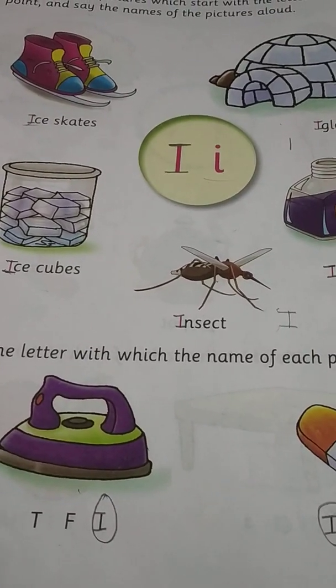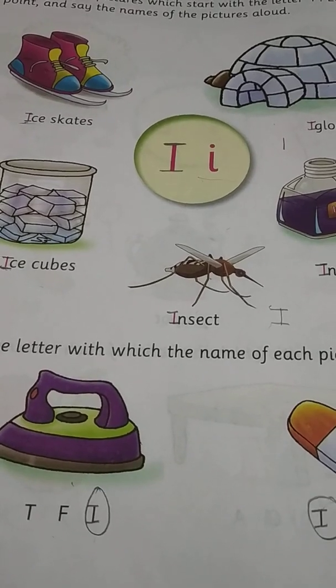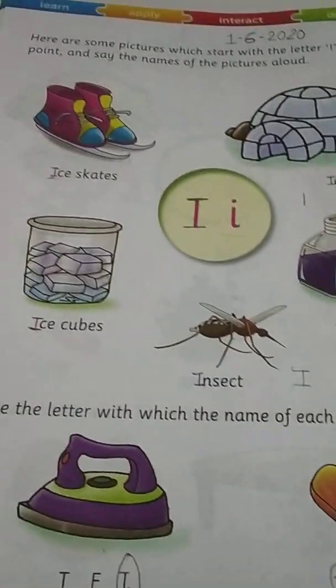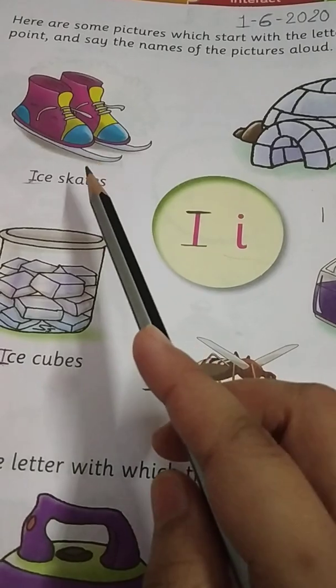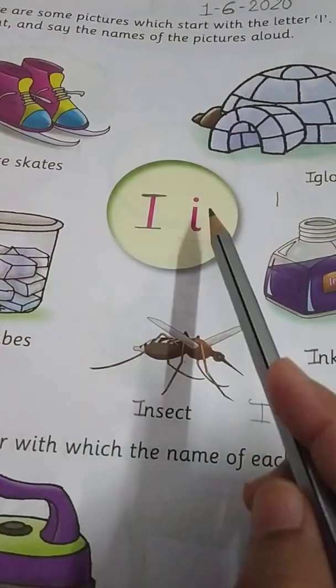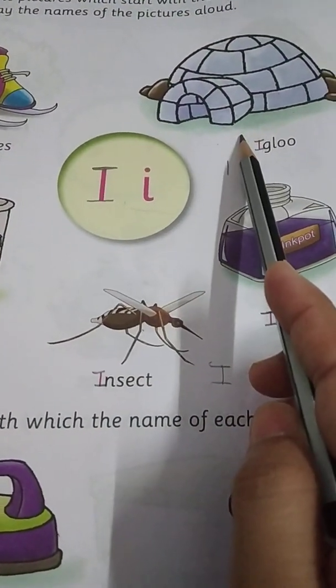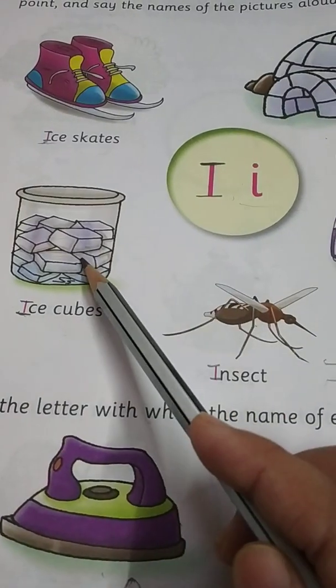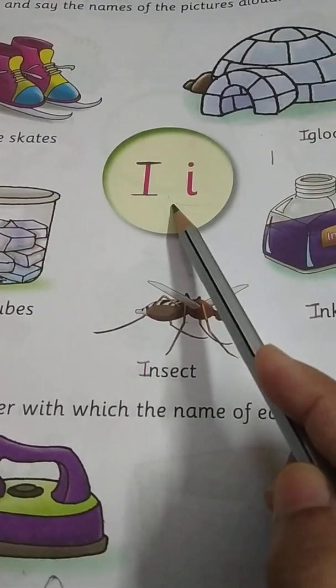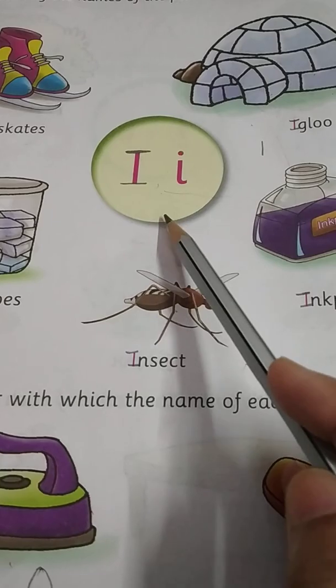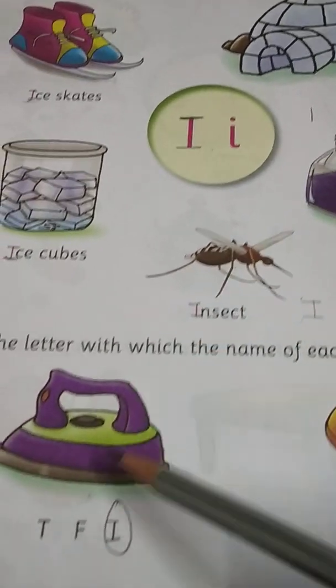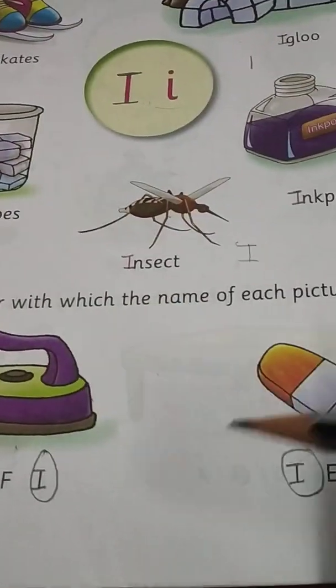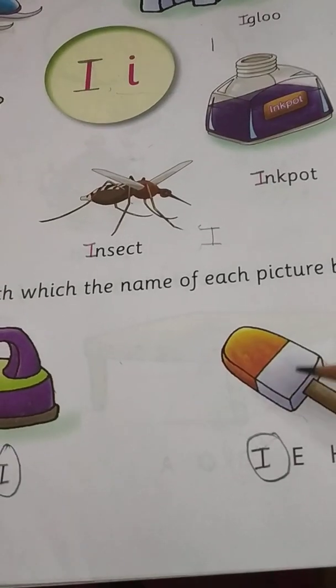So, how many pictures have we learned that start with letter I? Let's just have a look again, okay? I for ice skates. I for igloo. I for ice cubes. I for ink pot. I for insect. I for iron, I for ice cream.